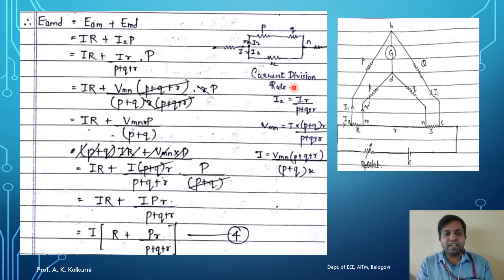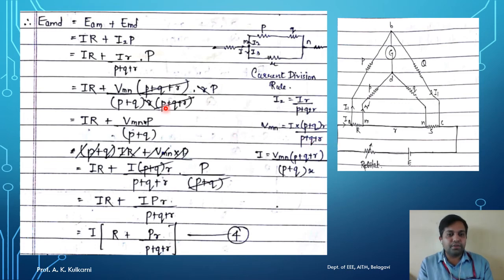now. According to the current division rule, I2 will be equal to the current flowing through the opposite resistance, that is IR, divided by the sum of all the resistances P plus Q plus R. So here I represent I2 with the help of this rule: IR divided by P plus Q plus R into capital P. Then IR plus, if you simplify it further, we get in terms of voltage I into (P plus Q) into R divided by P plus Q plus R. Now we represent this entire term with the help of this voltage value.